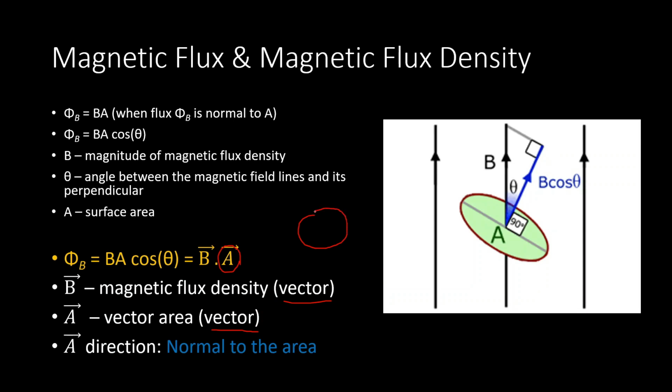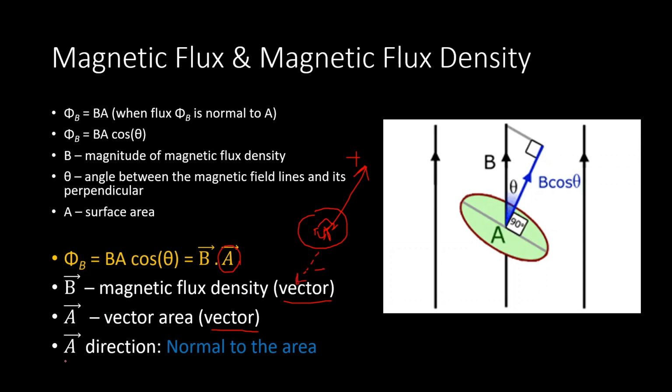Okay, area has a magnitude, definitely. For example, this circle, we can calculate it by pi r squared as its magnitude. But we can manually give it a direction. For example, we say in a direction that is perpendicular to the area, we count it as plus, which is positive. When it's on the opposite side to this circle, we count it as negative.